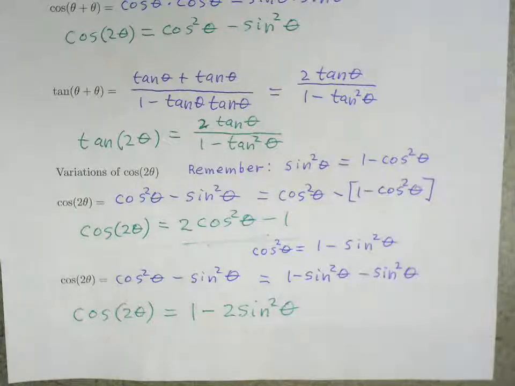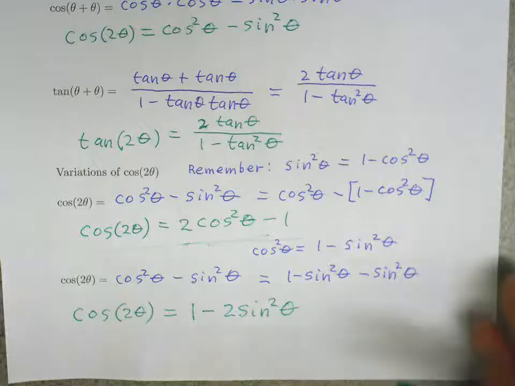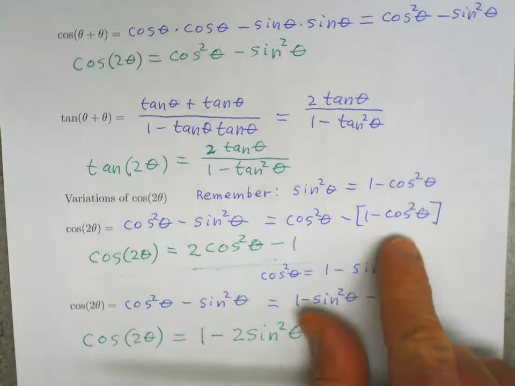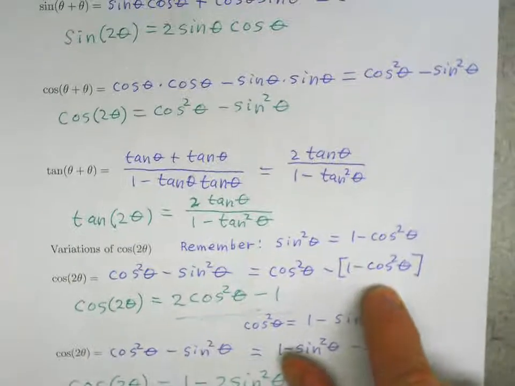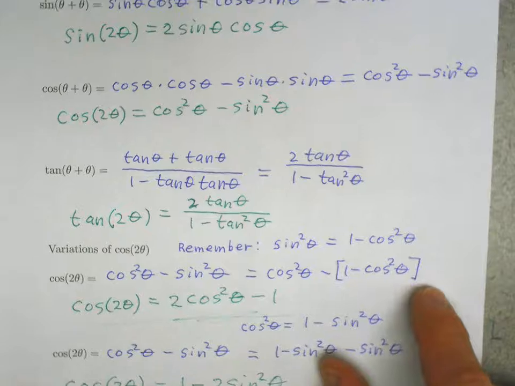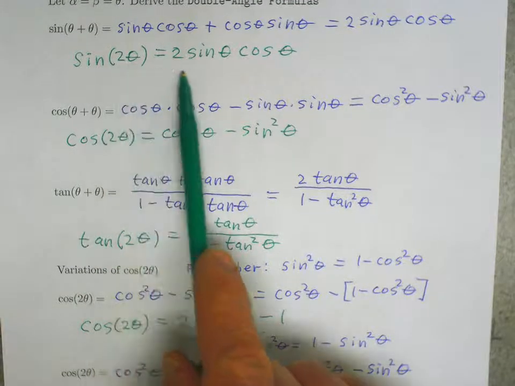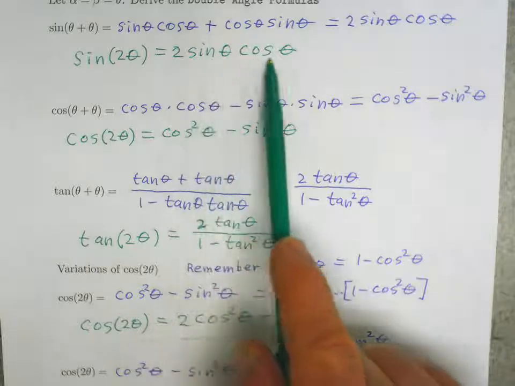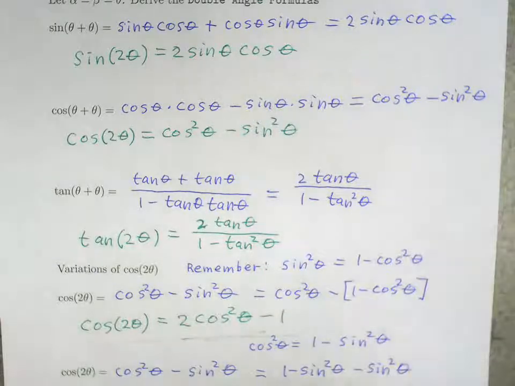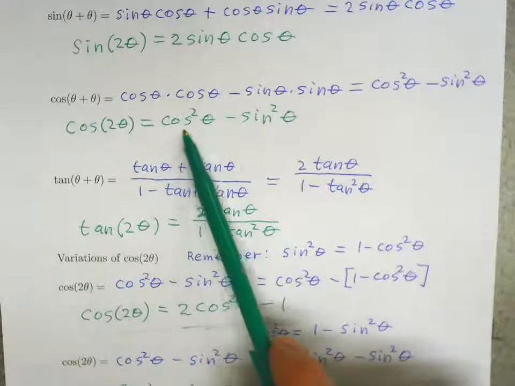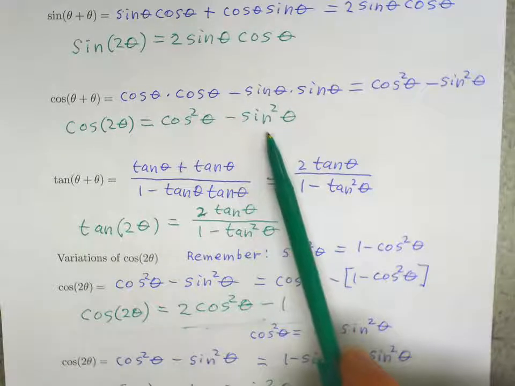Okay, we'll do some exercises using these double angle formulas. So let's just go over them quickly. Sine of 2 theta is 2 times sine of theta times cosine of theta. Cosine of 2 theta equals cosine of theta squared minus sine of theta squared.